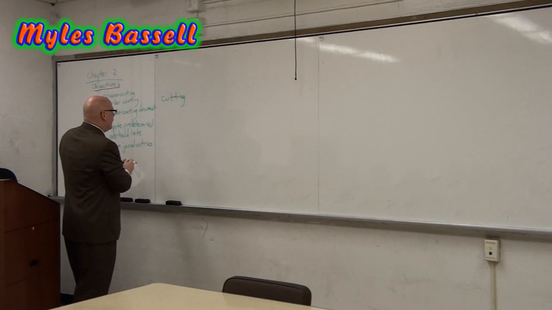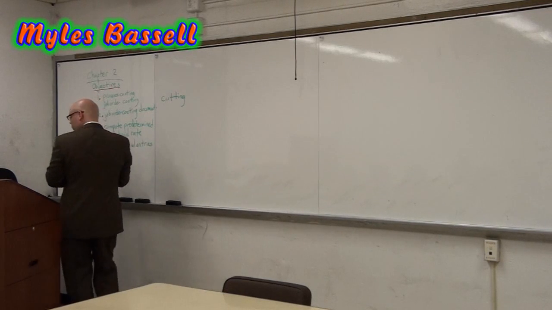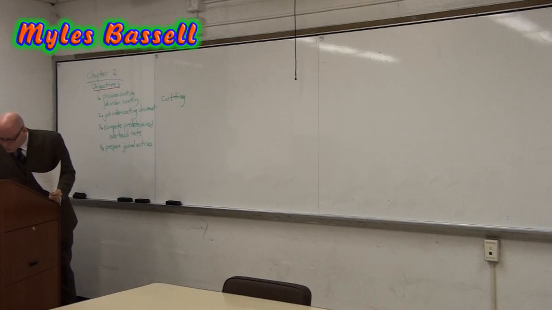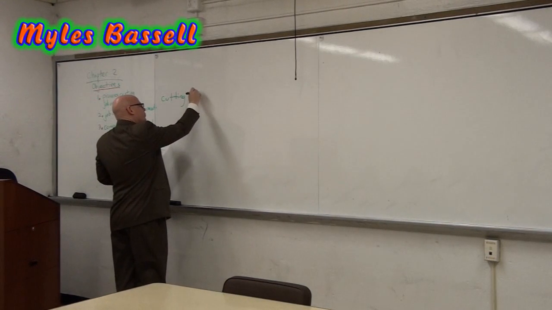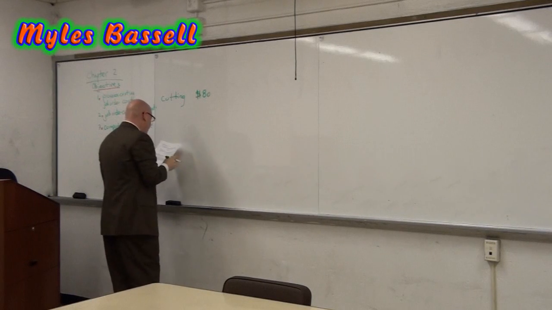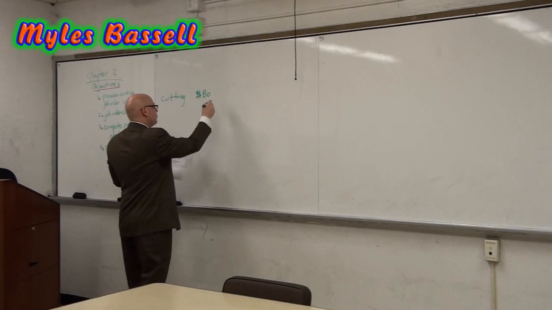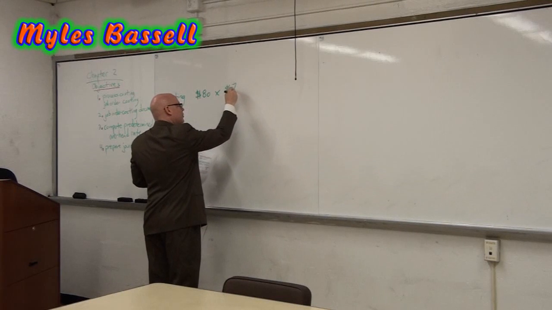It tells us in the book. Direct labor hours? 80. Right. So we have machine hours is 80. And then we computed the predetermined overhead rate, which is what? 750.